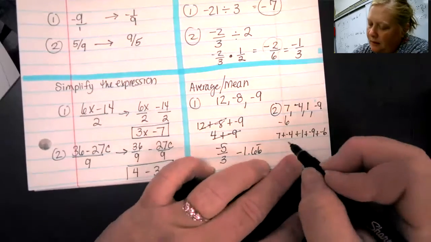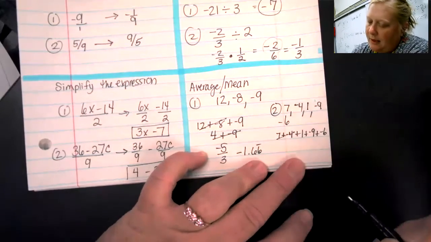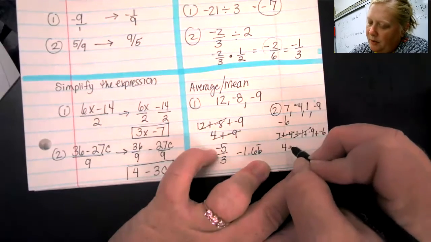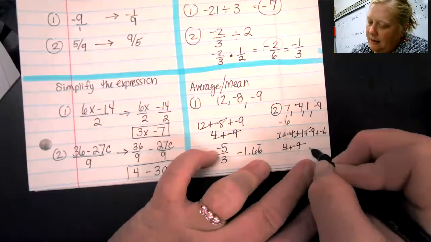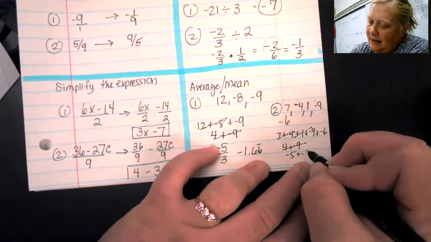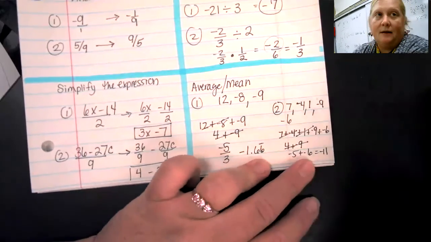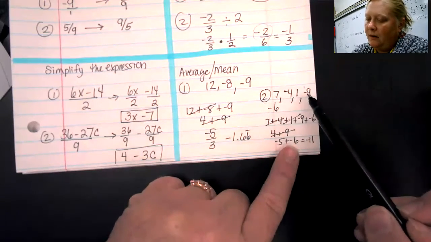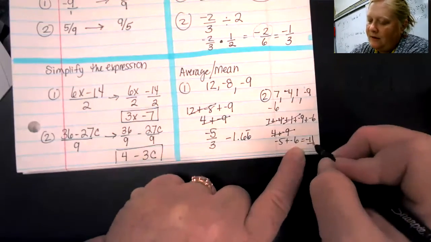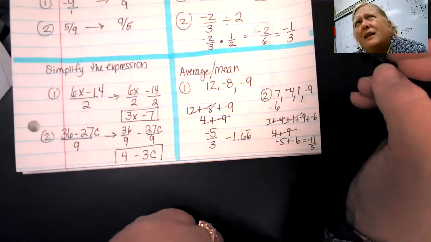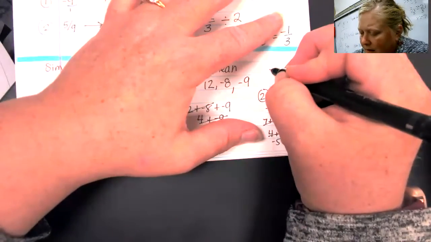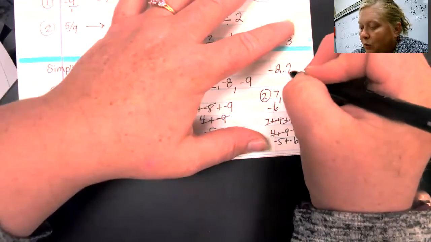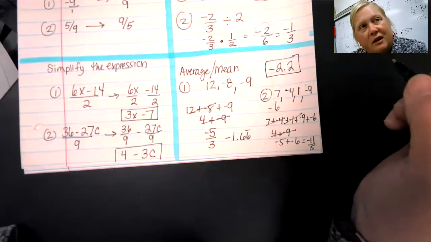So I'm going to go 3 plus 1 is 4. 4 plus a negative 9 is negative 5, plus a negative 6 is negative 11. Now, what do we divide by? How many numbers? 1, 2, 3, 4, 5. Negative 11 divided by 5. 5 goes into 11 twice with 1 left over, and 1/5 is 0.2. Now, can you do that on your calculator?